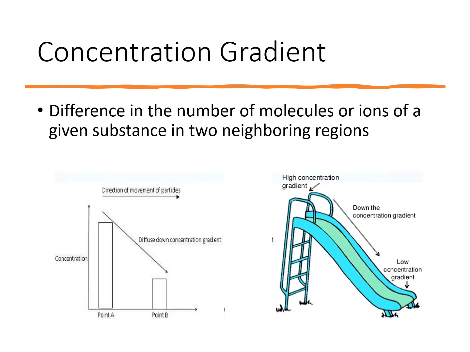A concentration gradient is the difference in the number of molecules or ions of a given substance in two neighboring regions. So when you think about a concentration gradient, you want to think about it as a slide. Molecules move from an area of high concentration down their concentration gradient to an area of low concentration.